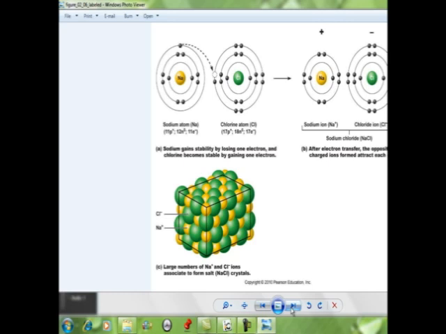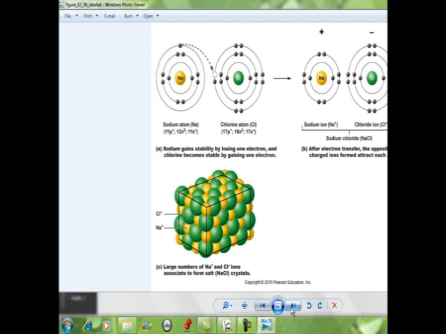How come? They're not attracted to each other. Yes? So they can be as close as they want to each other, but are they going to bond or attract each other? No. There's no need.